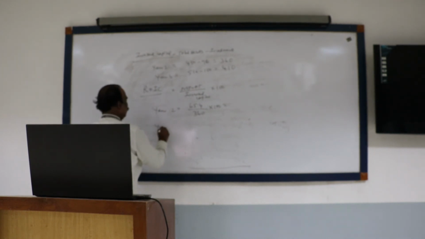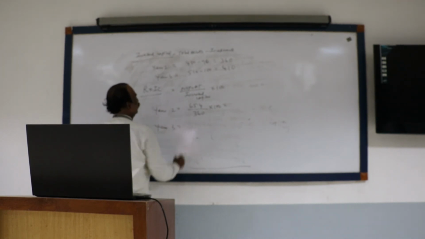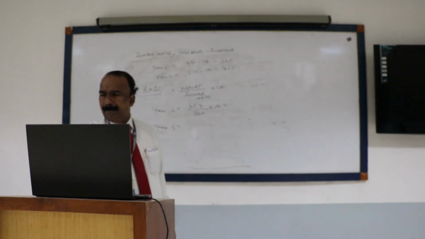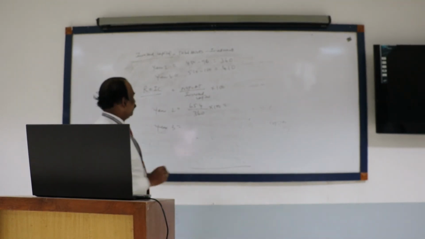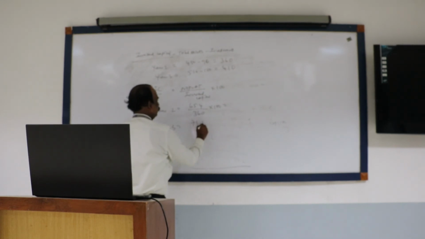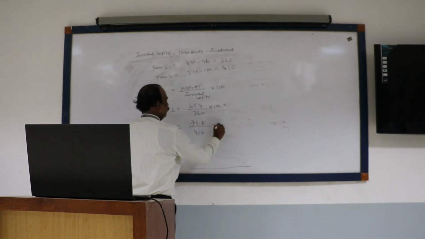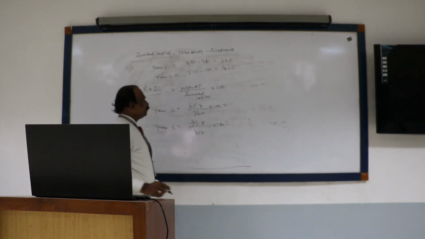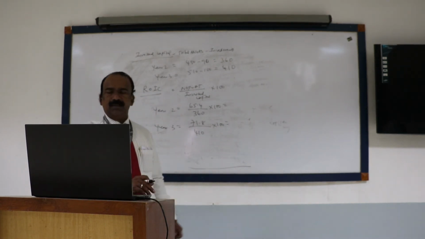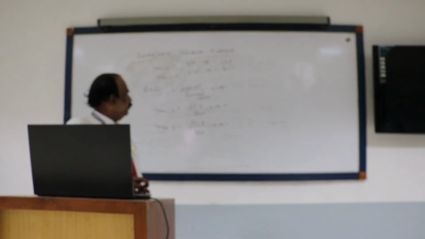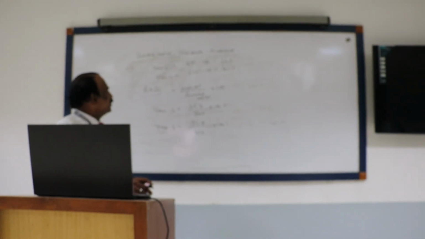Year 3, what is the NOPAT for the third year? 71.8. So 71.8 divided by 410 into 100. How much comes? That is called return on invested capital.